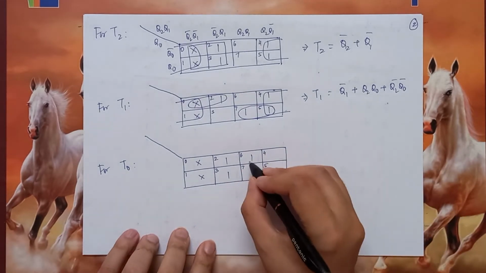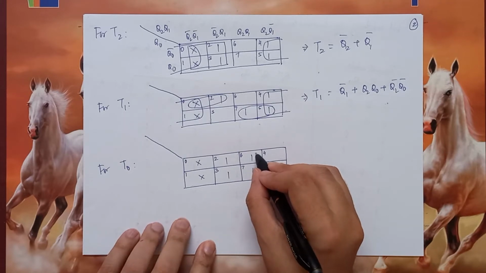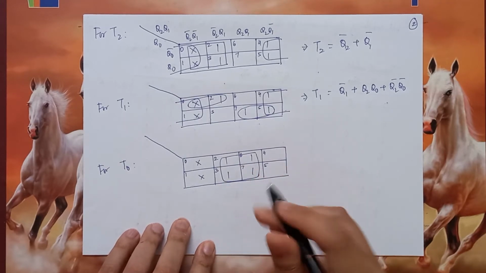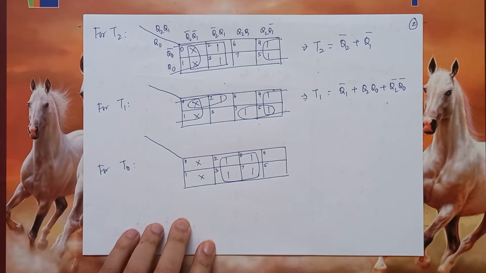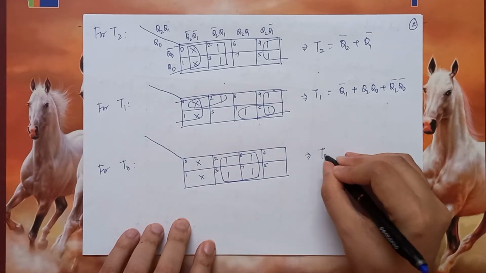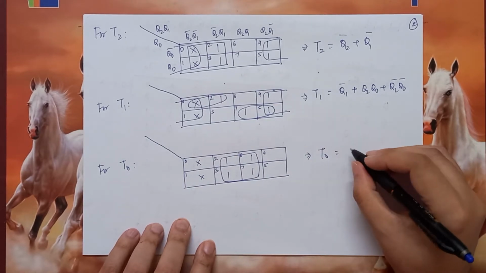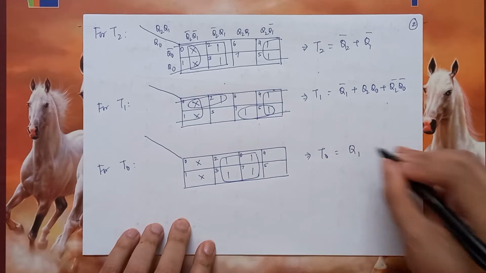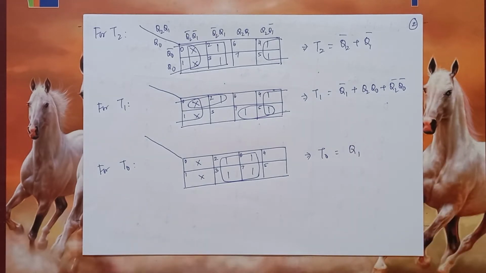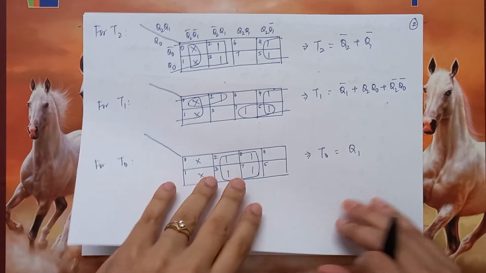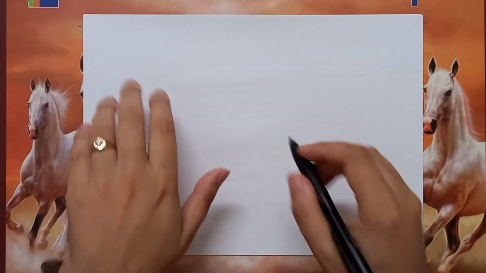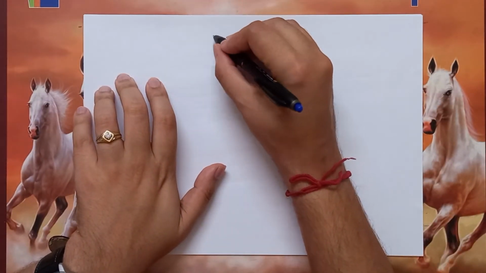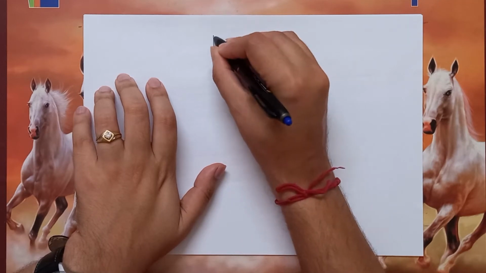So what we can do here, we can immediately make a group of these 4. These don't cares don't need to be grouped. So I can say T0 is equal to Q1. So with this we can now draw the circuit. Let me now draw them in a vertical sense because it might be a little easier to grasp.